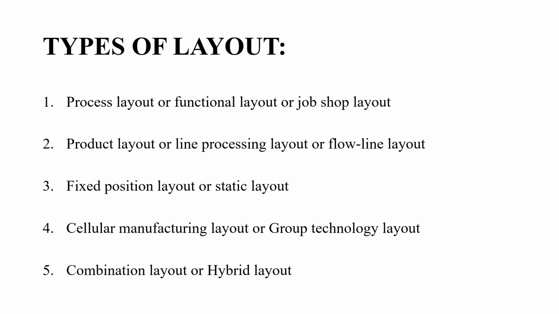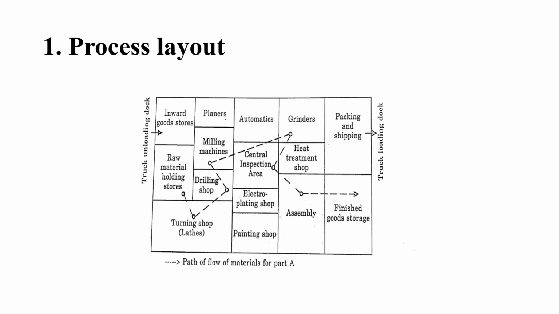First one is process layout. Process layout is all about arranging machineries according to the machine operations. It is not about arranging machines according to the production of the goods.